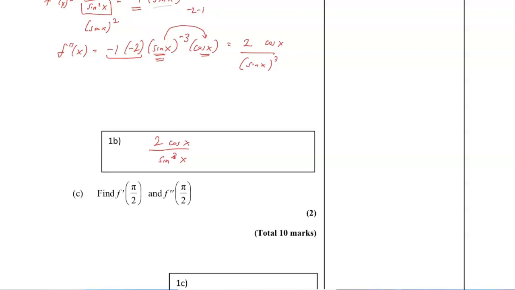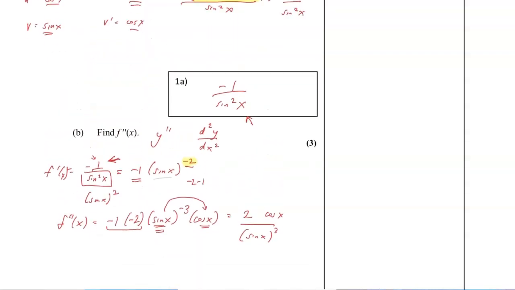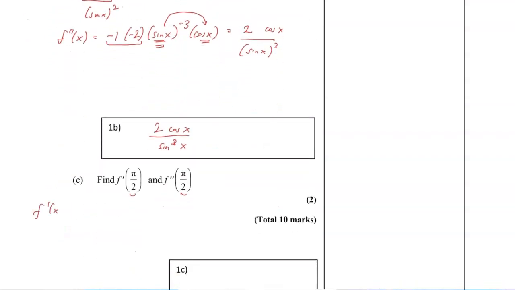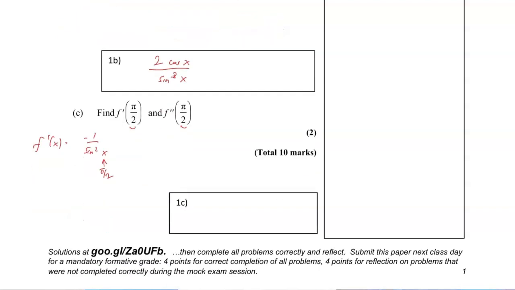Then in part C, it asks me to substitute in pi over 2 for the first derivative, and then it asks me to substitute pi over 2 in the second derivative. So if I put pi over 2 in the first derivative, let's see what I get. The first derivative is -1 over sine squared, and I'm going to put pi over 2 in for x.